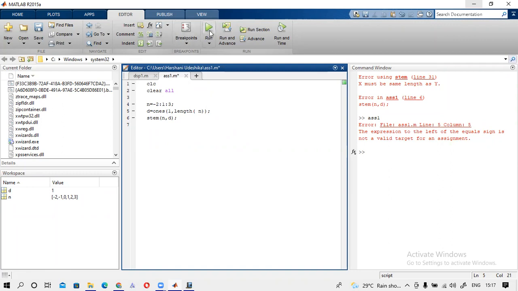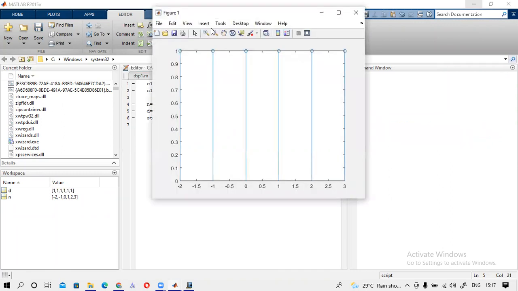So if we run this, you will get the pulse train, 111 pulse train.